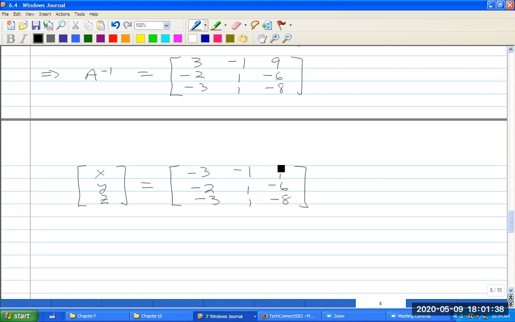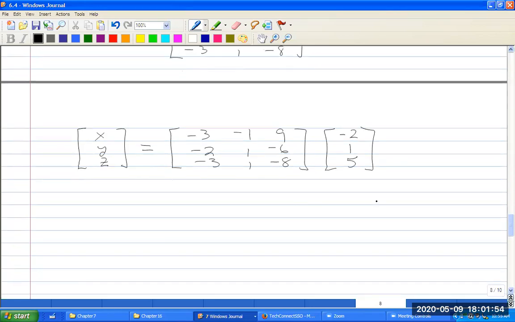And the non-homogeneous part was -2, 1, 5. Okay, so let's see what that gives us.